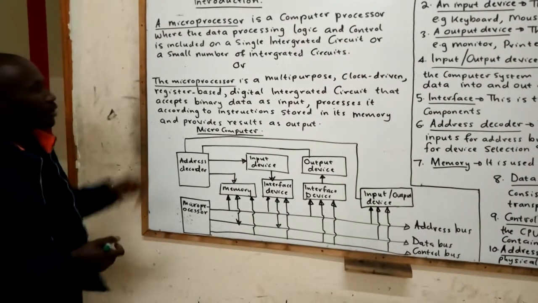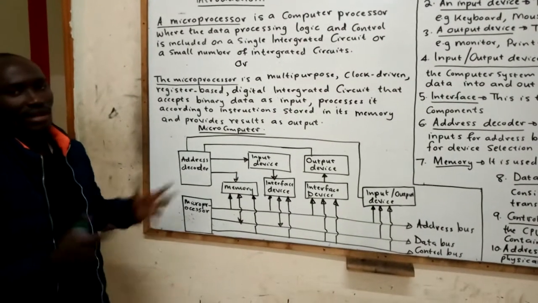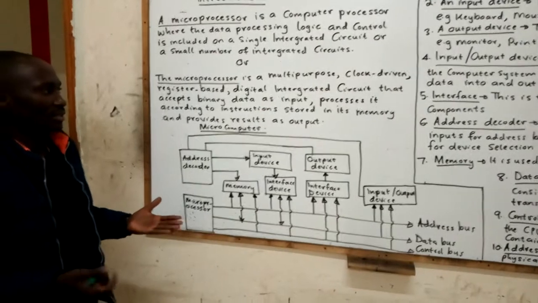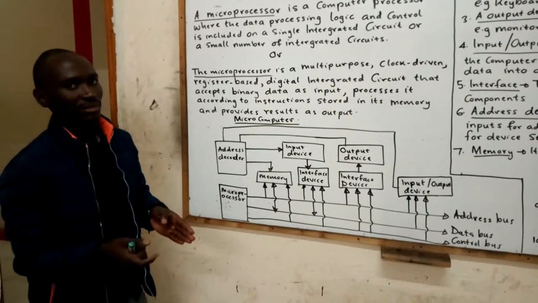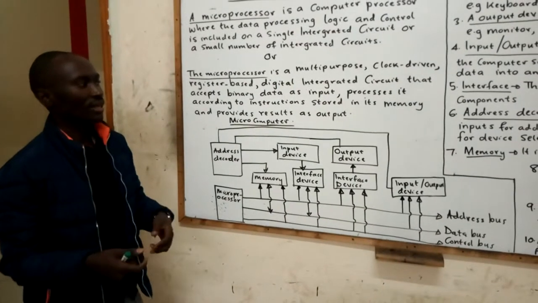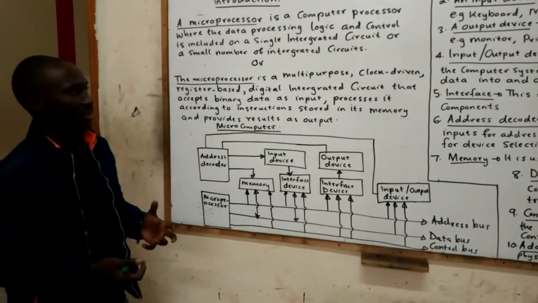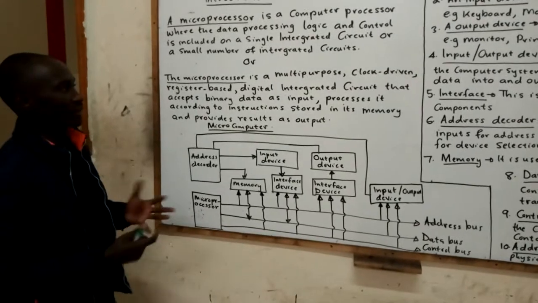Basically, a microprocessor operates like a computer. Let's say it's a computer, and you know that in a computer, we normally feed the computer with some data. That data is taken to the processor, whereby it is processed, and finally we get the output.